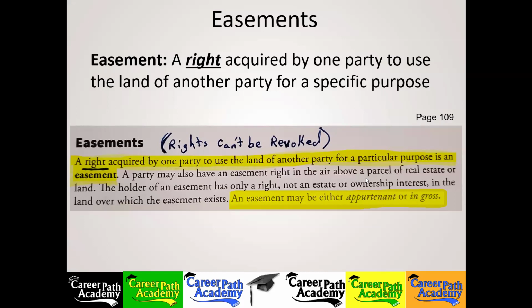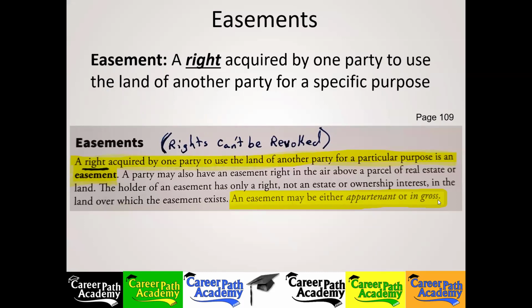So an easement is a right acquired by one party to use the land of another for a specific purpose. Once you have a right, once it's been established, nobody can revoke it. Nobody can take away your rights. Now, easements could either be appurtenant or in gross.